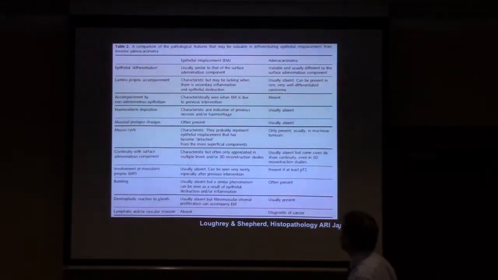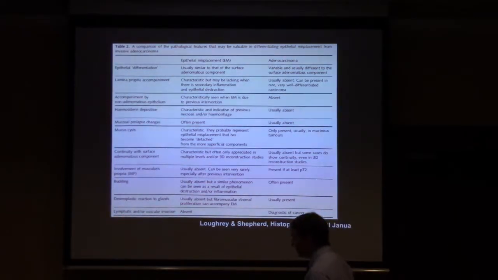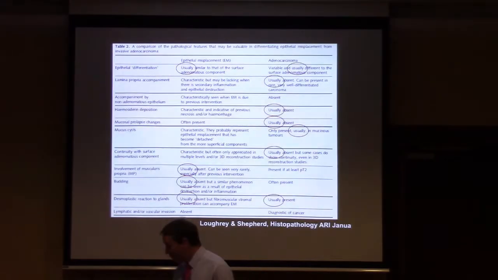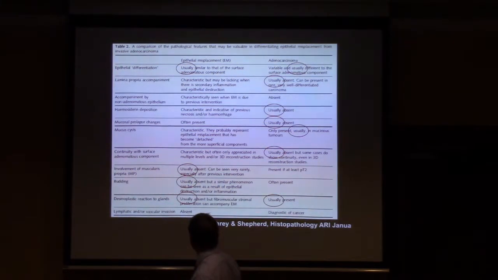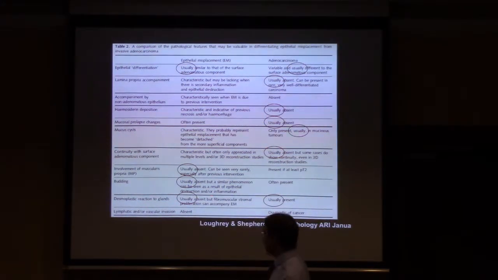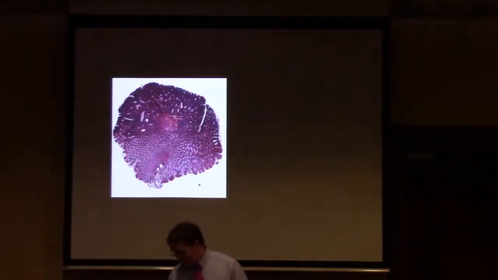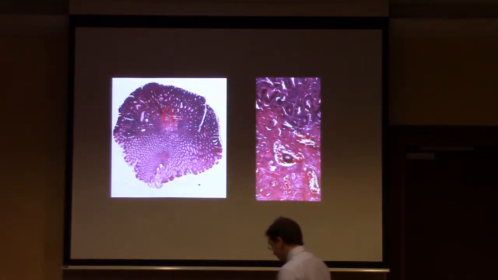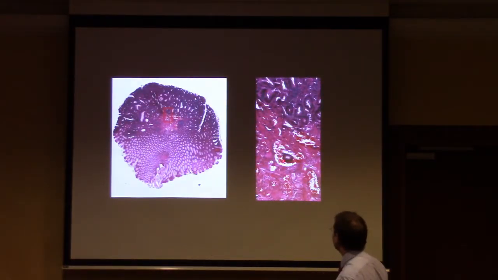The point I only want to make is that not any one of these is useful, and you can gather that by the use of the word usually that Neil stuck into this table so many times. And even the only factor that apparently is diagnostic by its presence or absence, lymphatic or venous invasion, it is important to be aware that this can be fraught with difficulty if you look at this area in higher power, because occasionally you can find a little gland in a vessel.